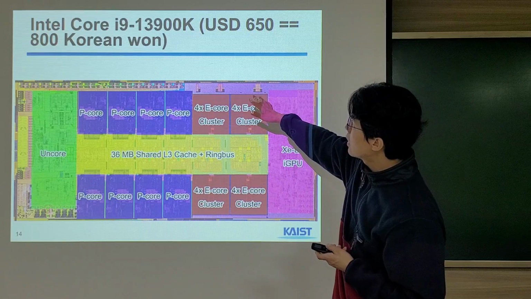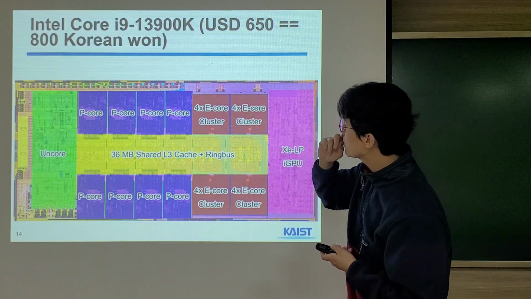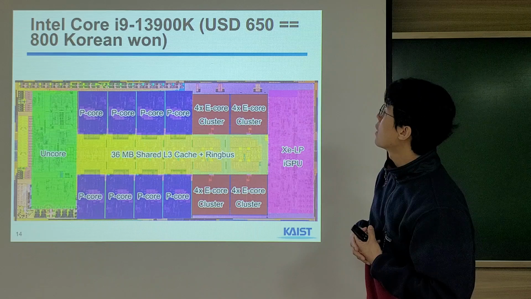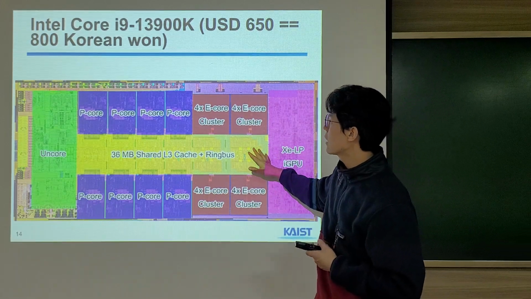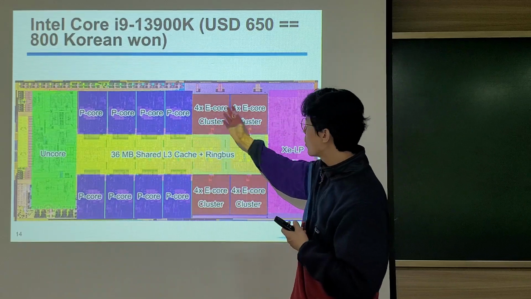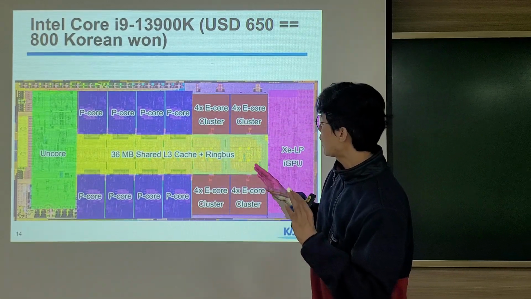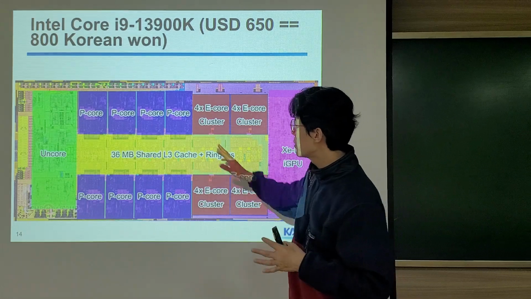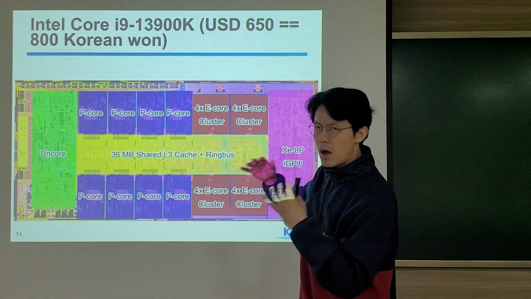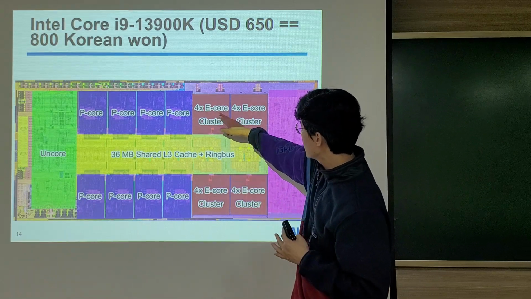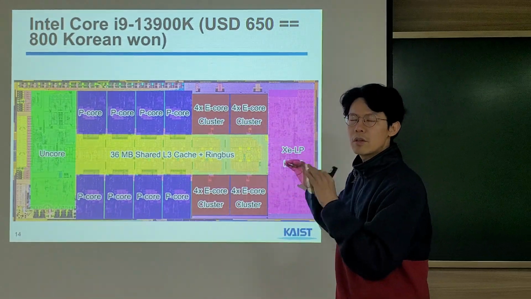This is the diagram of an Intel i9 chip, one of the expensive ones, with different cores like P cores and E cores. I don't know much about the main difference, but I guess P cores are more about powerful operations, and E cores are more power efficient.